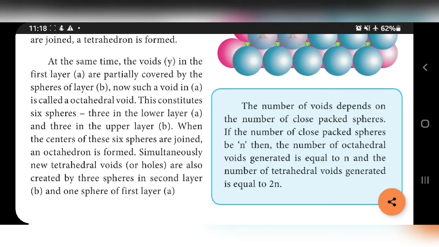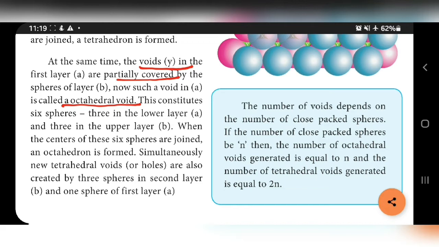At the same time, voids Y in the first layer are partially covered by the spheres of layer B. If you place the second layer atom on X void, a tetrahedral void is formed, and simultaneously the Y void is also partially covered. Now such a void is called an octahedral void.